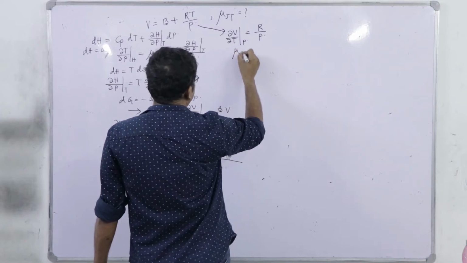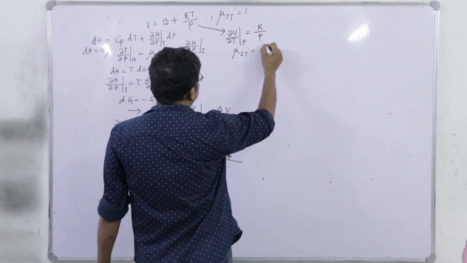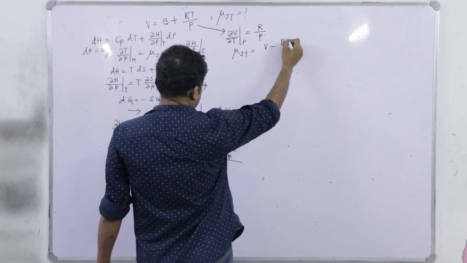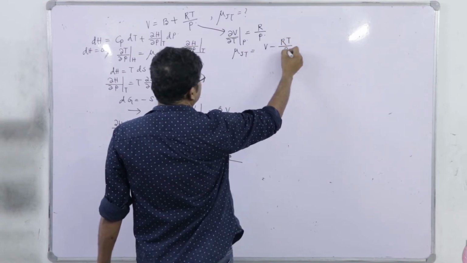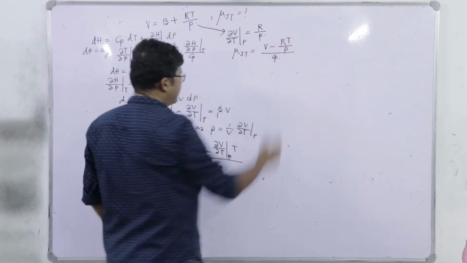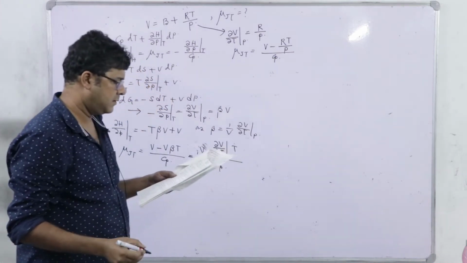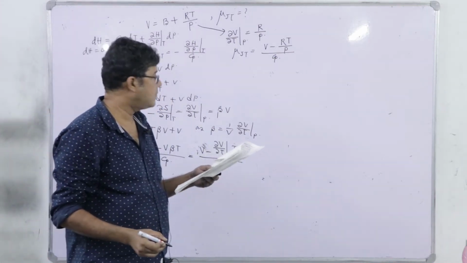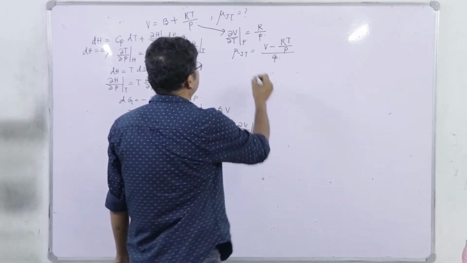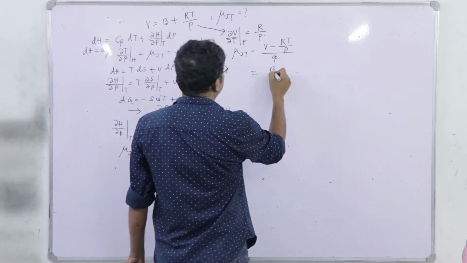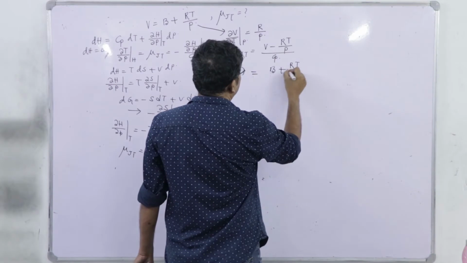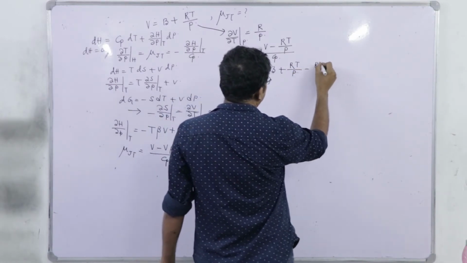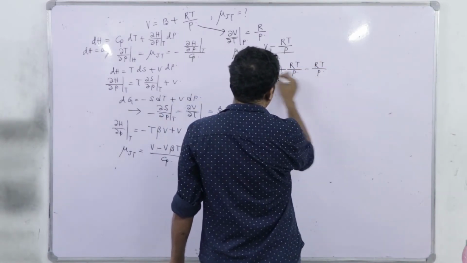So, mu JT is V minus RT by P divided by Cp. V minus RT by P divided by Cp, and V is equal to B plus RT by P, minus RT by P divided by Cp.